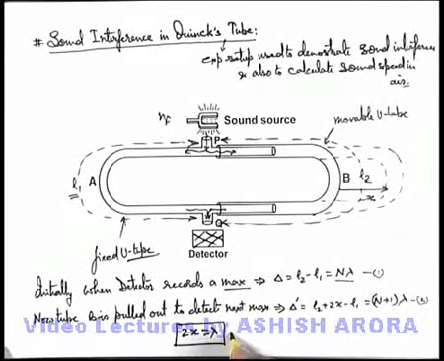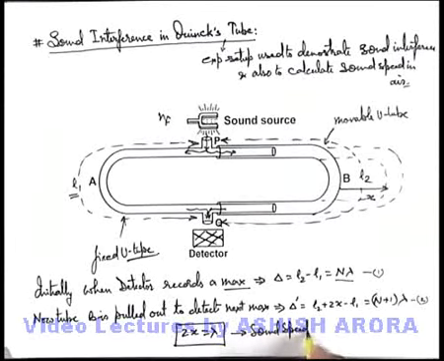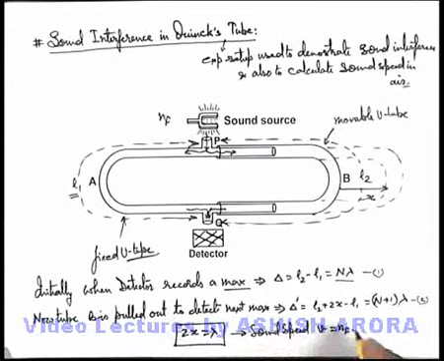So sound speed can be written as the frequency of the tuning fork multiplied by the wavelength which we have detected, which is 2x.